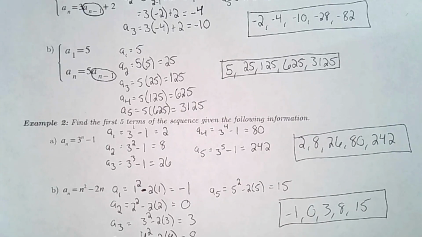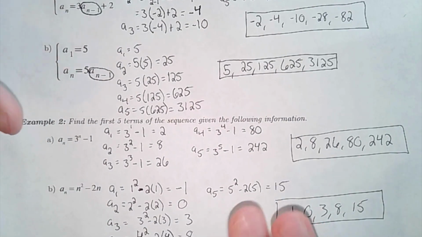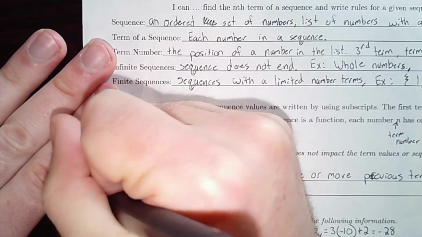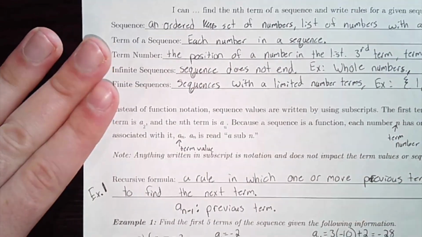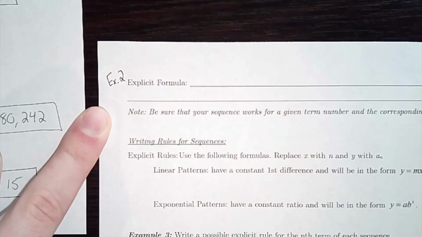Okay. So what we just did in example 2 was actually our second type of formula here. So let's just be real clear here. Recursive formulas, this is example 1. Example 2 is going to be what we called explicit formulas. Okay, so this is on to the next page here. Example 2 is explicit formulas.